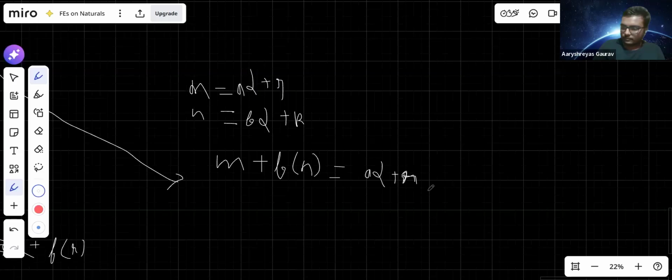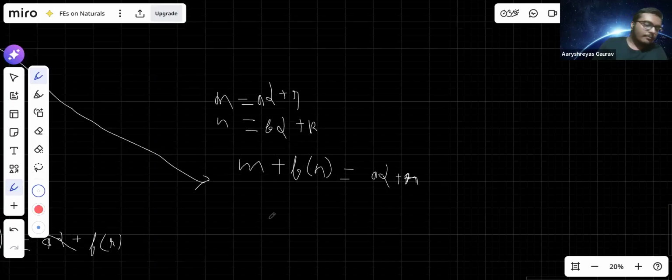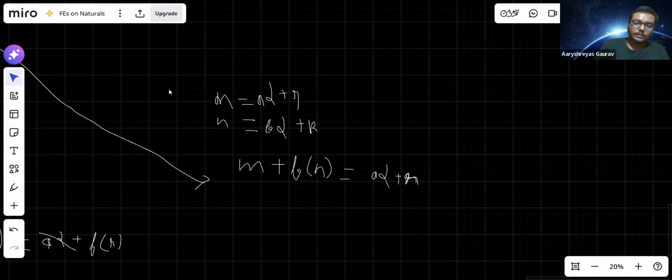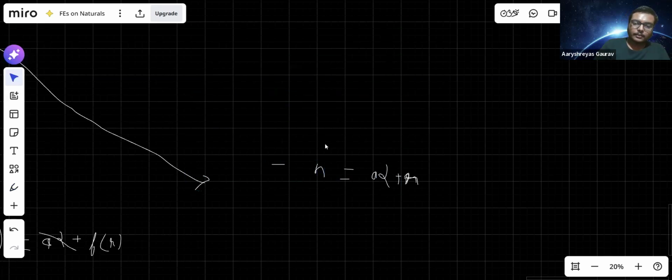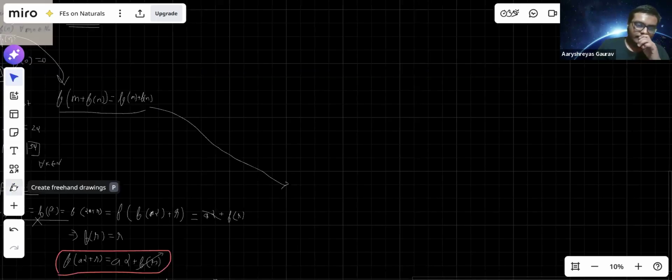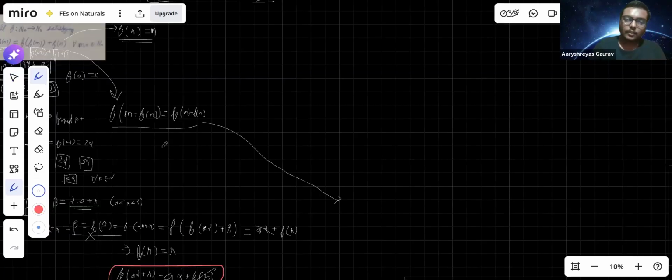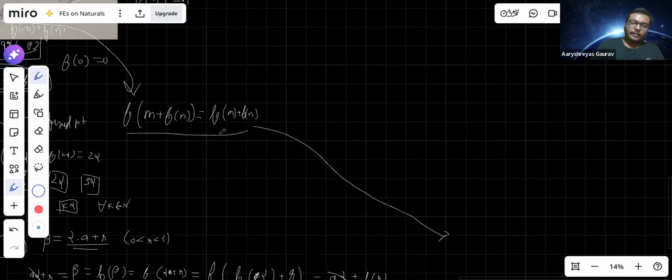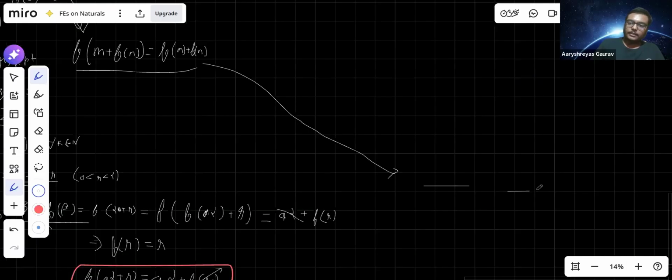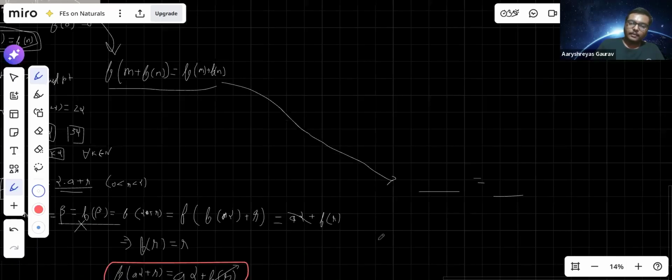Well, wait a second. Since we have already run out of time, I would just say that if you put the whole thing in the equation, you can see for yourself. This is just like solving a linear equation. You will end up with LHS equal to RHS.